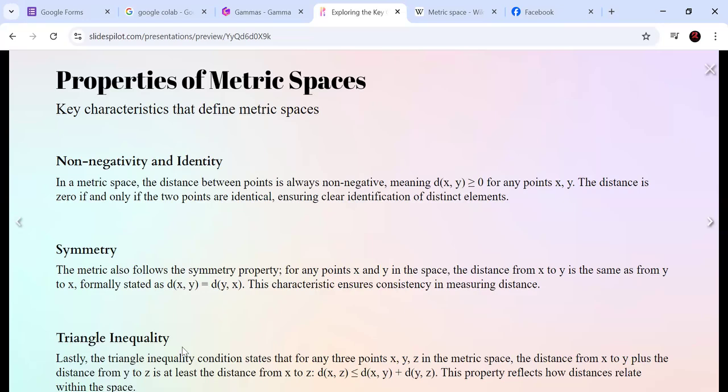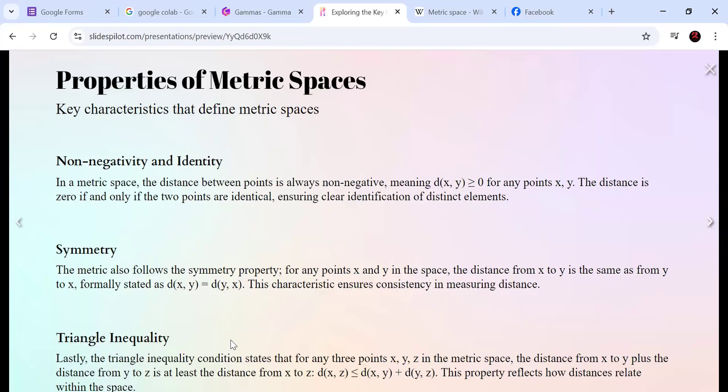So the third is the triangular inequality. The triangular inequality condition states that for three points x, y, and z in the metric space, the distance from x to y plus the distance from y to z is at least the distance from x to z.